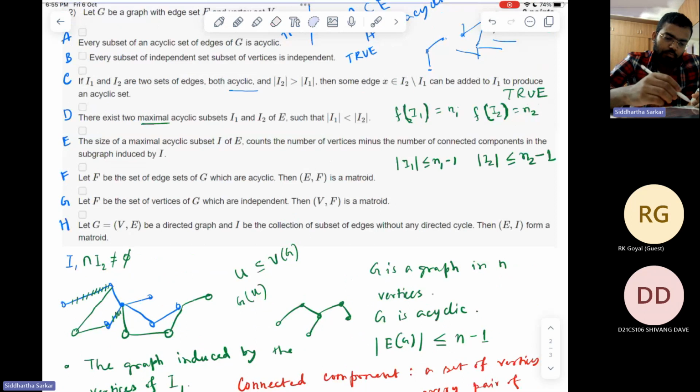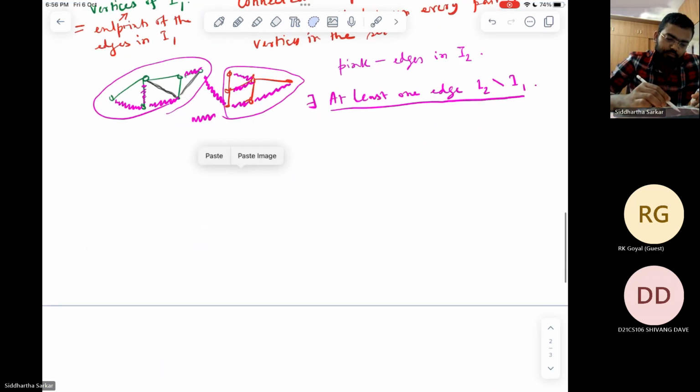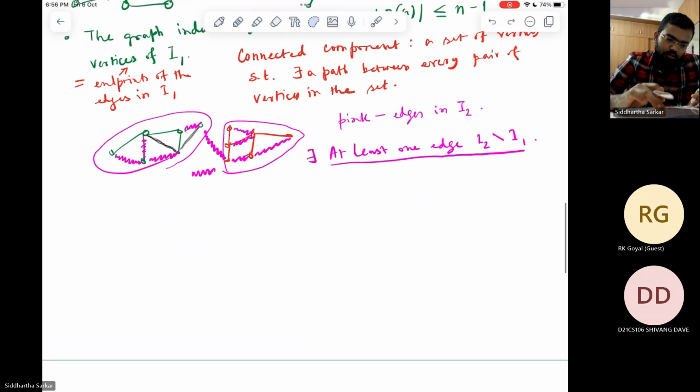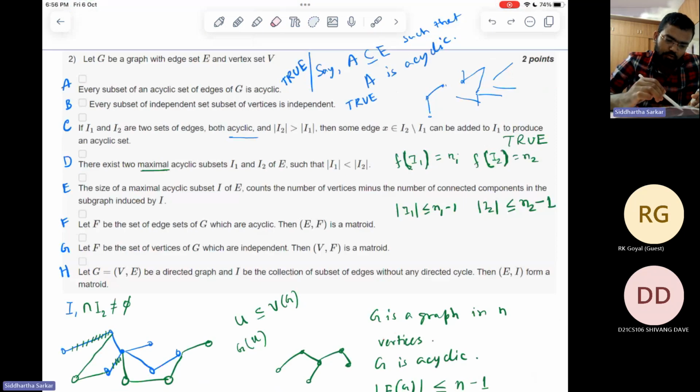Let's do one thing. Let's copy this statement once and then we'll go down. There exist two maximal acyclic subsets I1 and I2 of E such that the cardinality of I1 is more than the cardinality of I2.